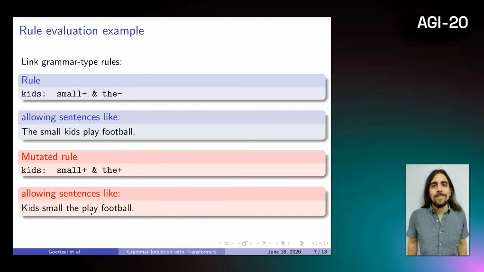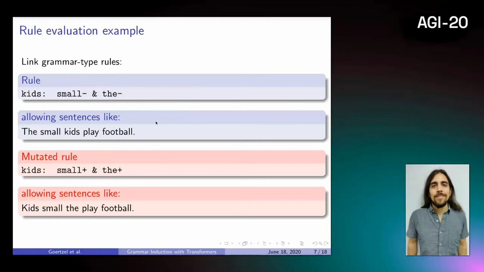So once we generate sentences from the rule that we're testing and the opposite rule, or some way of breaking the rule, we can ask the oracle, how good of a score does this sentence get in your language model, and how good of a score does this other sentence get? Then if the two scores are similar, that means that this rule doesn't really create significantly better sentences than the other one, so this rule might not be very good.